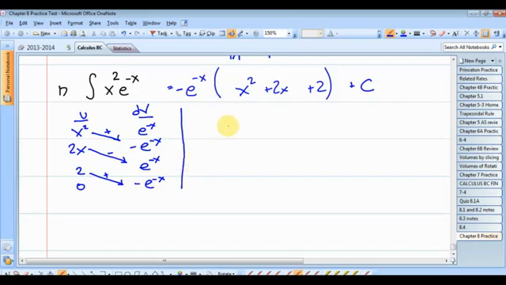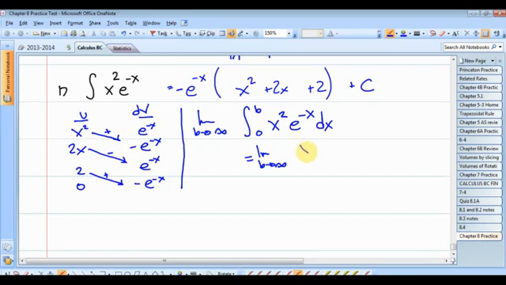All right, so we're going to positive infinity, right? So the limit as b approaches positive infinity of the integral from 0 to b of x squared e to the negative x dx equals the limit as b approaches infinity of, let's see, x squared plus 2x plus 2 over negative e to the x.